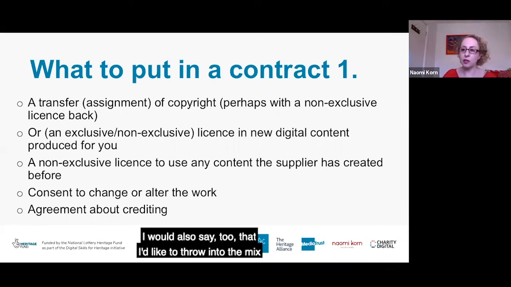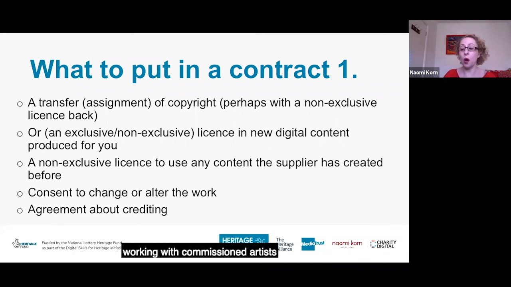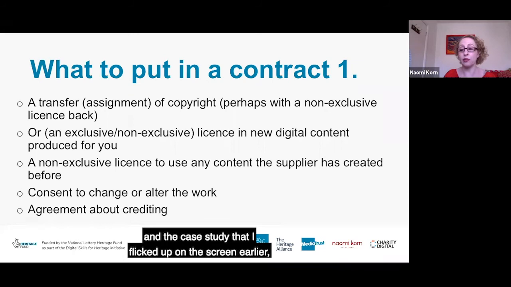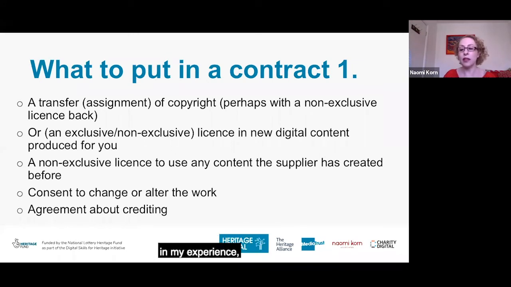I would also say too that I'd like to throw into the mix working with commissioned artists and the case study that I flicked up on the screen earlier. In my experience, if a heritage organisation is commissioning an artist to create a work that perhaps isn't then assimilated or acquired by the heritage organisation into their collections, it's often fairer for the heritage organisation who's commissioning the artist to ask either for an exclusive licence or a non-exclusive licence rather than an assignment of rights.